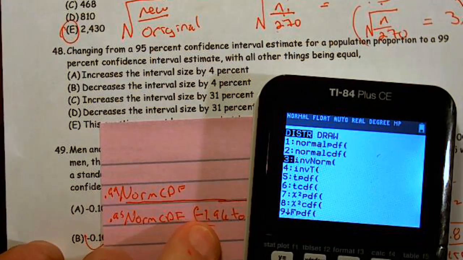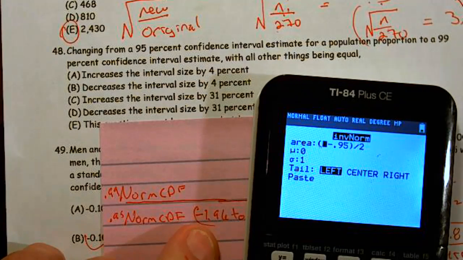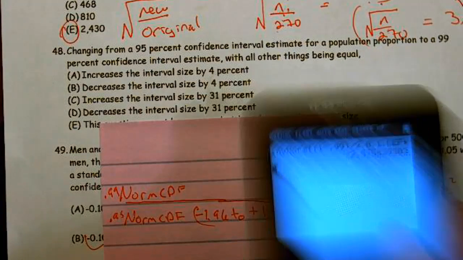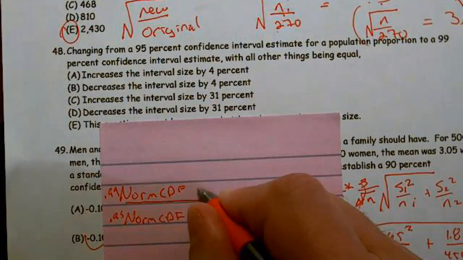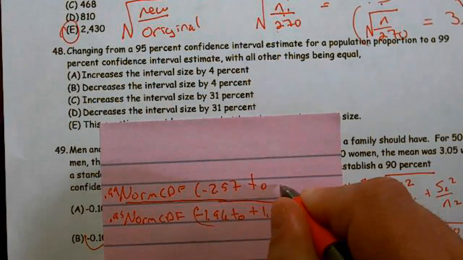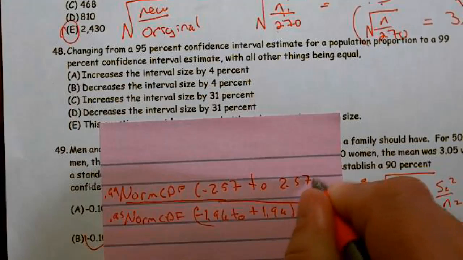Second var's inverse norm, parenthesis 1 minus 0.99, close parenthesis, divided by 2. And I end up getting 2.57. So from negative 2.57 to positive 2.57.